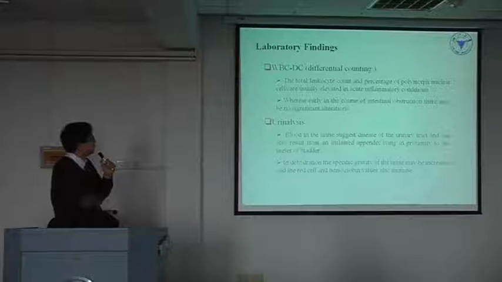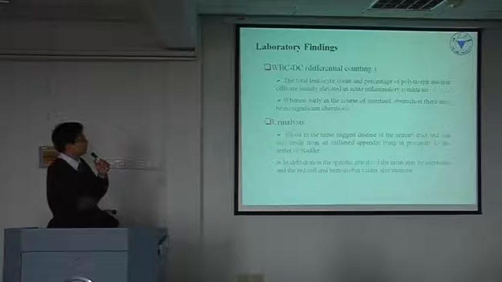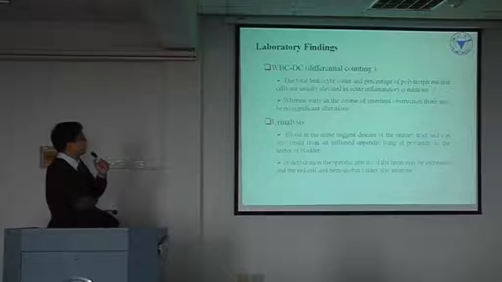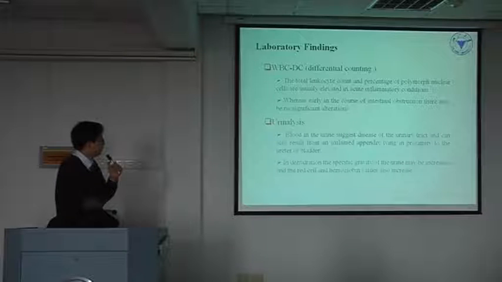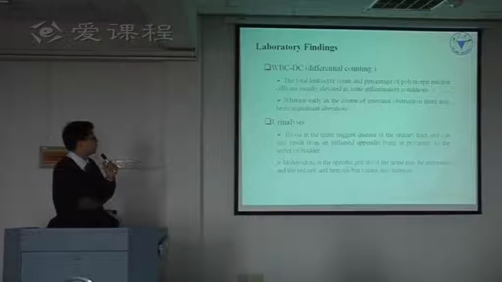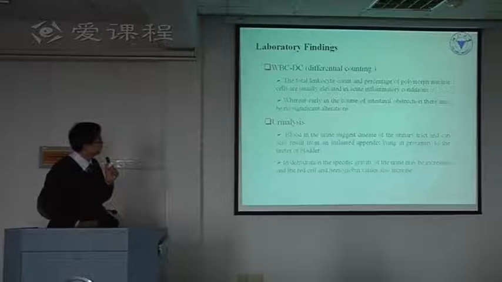In the urine analysis, blood in the urine suggests the disease of urinary tract and can also result from an inflamed appendix lying in proximity to the ureter or bladder. In dehydration, specific gravity of the urine may be increased, and the red cell and the hemoglobin values also increase.